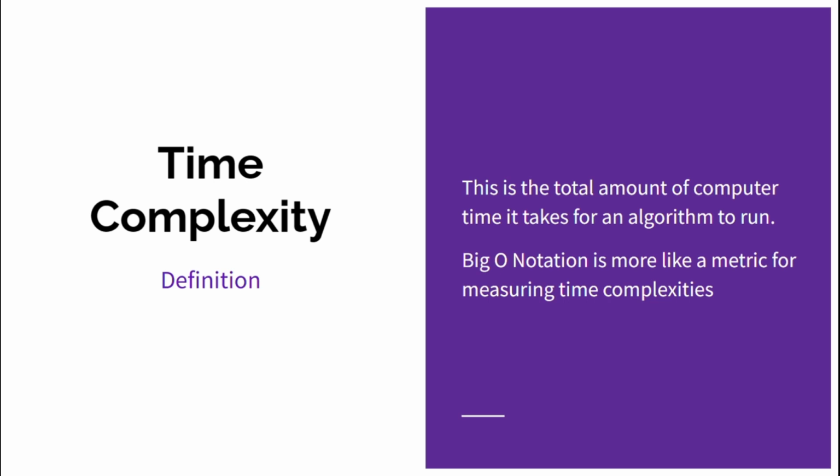So the big O notation, on the other hand, is more like the metric system for measuring time complexities. The big O notation groups algorithms with similar time complexity classes together. Just like meter for distance, grams for weight, liters for liquid, the big O notation is for computer time speed.